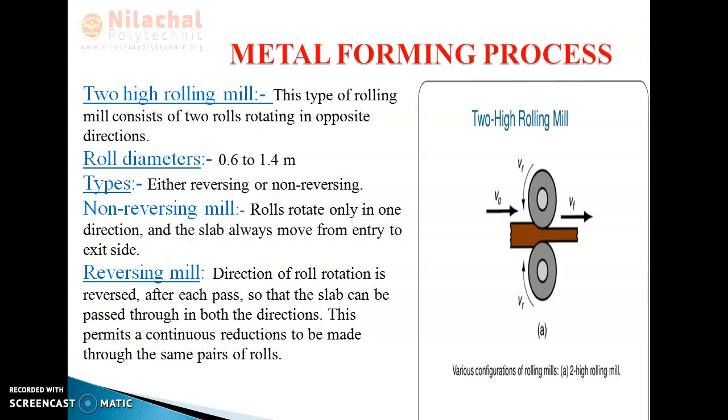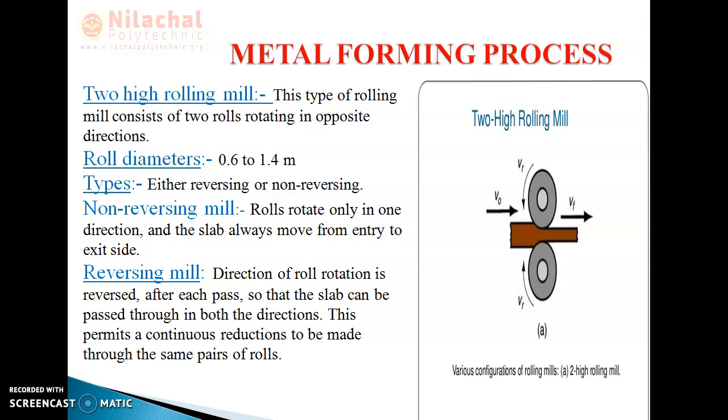And in reversible mill, the direction of roll rotation is reversed after each pass, so that the slab can be passed through in both directions. This permits a continuous reduction to be made through the same pair of rolls.